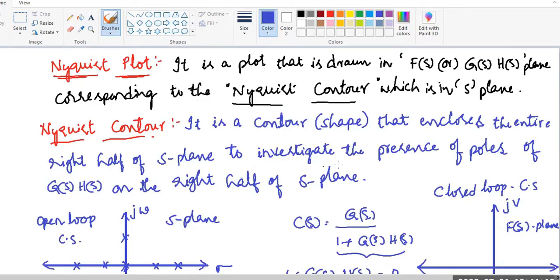In order to investigate the presence of the poles of G of S into H of S, or F of S, on the right half of the S-plane. When we investigate the presence of poles on the right half of the S-plane, then we can determine the stability of the closed loop control system.